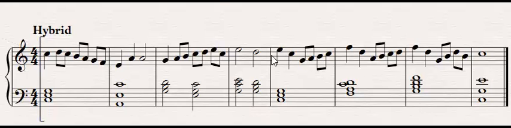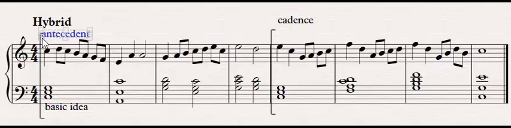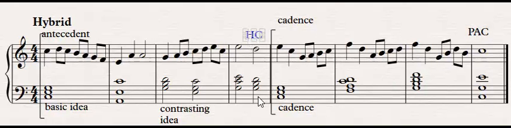So for the sake of argument, let's say this is a cadential one. So I'm going to put a big cadence over here, and then we're going to fill in the rest of our information. So we have a basic idea, this is the antecedent, right? We have the contrasting idea, and then this big cadence is just cadence. And so make sure you mark cadence types, half cadence, and that's all there is to it.